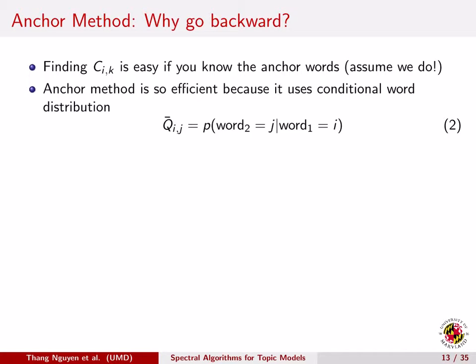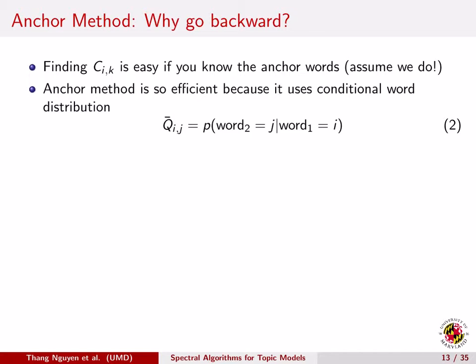The anchor method is so efficient because it doesn't look at all of your documents, it only looks at a matrix that is V by V, where V is the size of your vocabulary. And this matrix is filled with the conditional probability of words. What's the probability of seeing word J given that you've seen word I in a context?